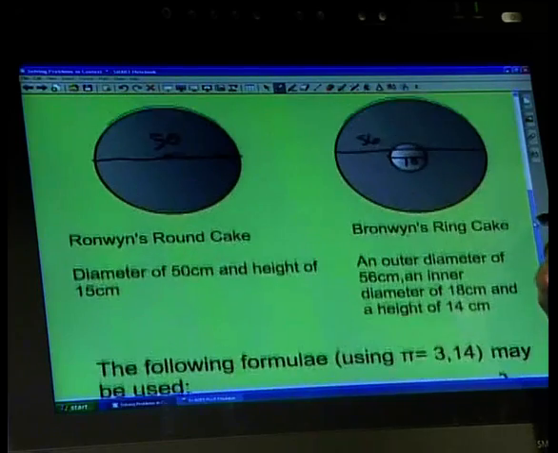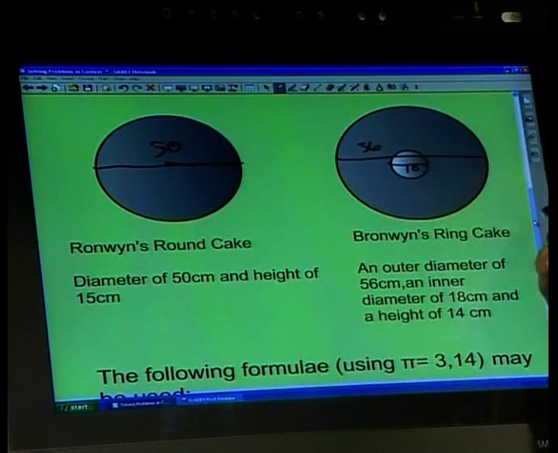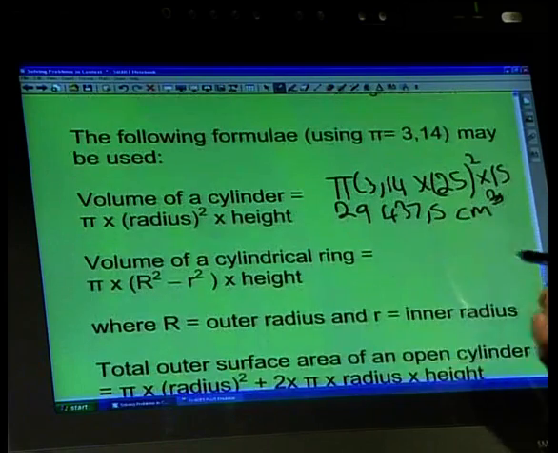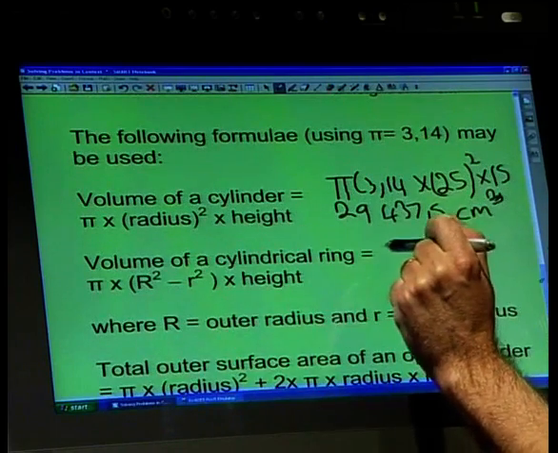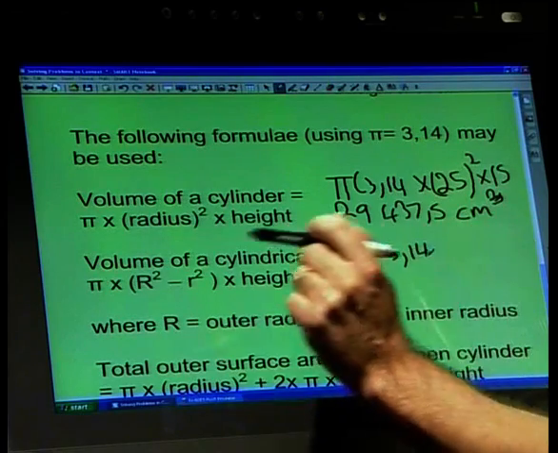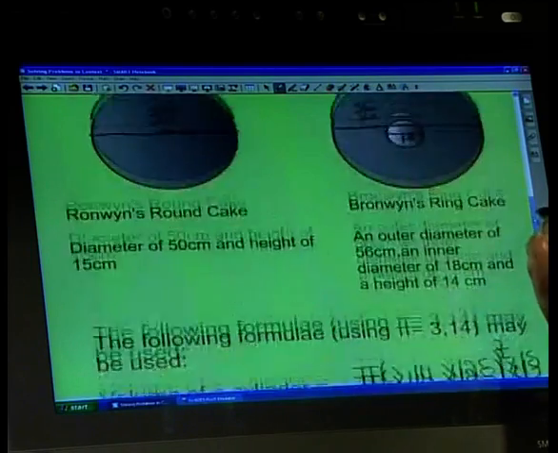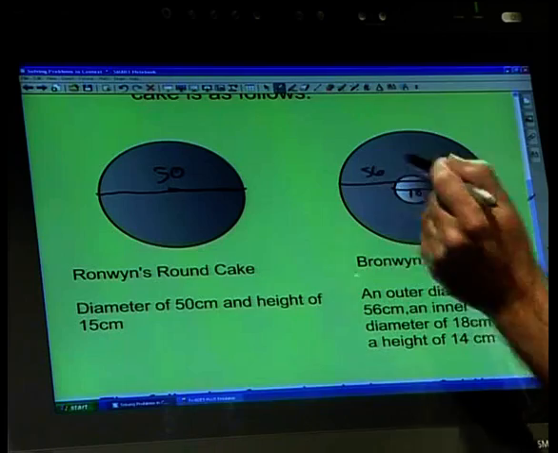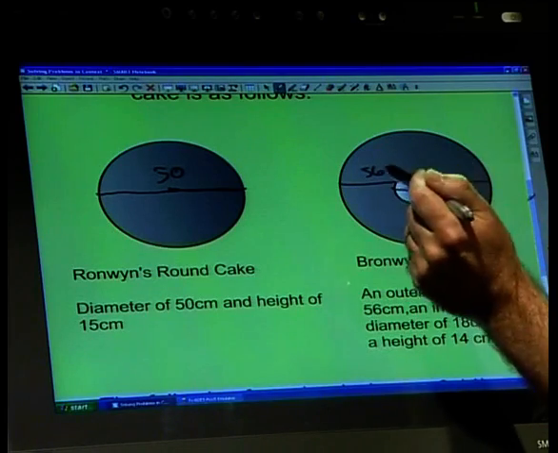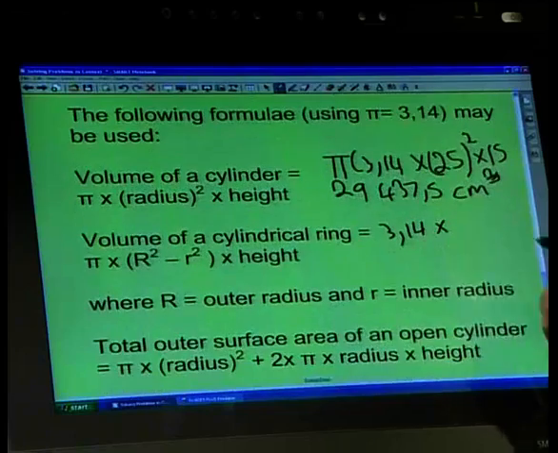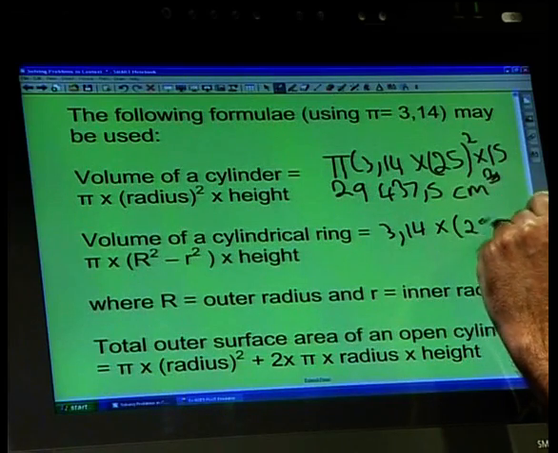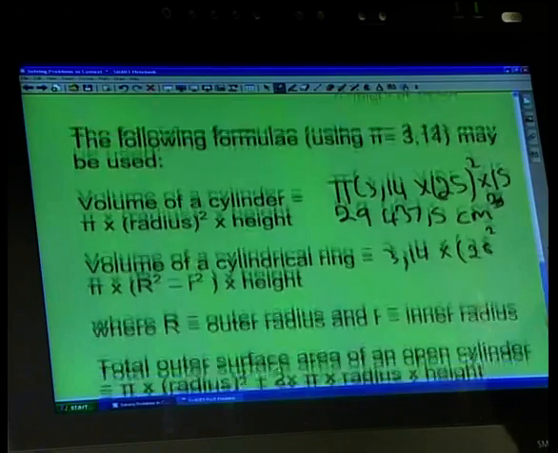We can go and do the same thing for the volume of our cylindrical ring. And here we're going to have to do a little bit of a subtraction sum first. Remember that here we've got pi again, 3.14, but we're multiplying by the outer radius squared. Well, we were given the outer diameter, which was 56. So we're going to have to halve that and say that's 28 squared.